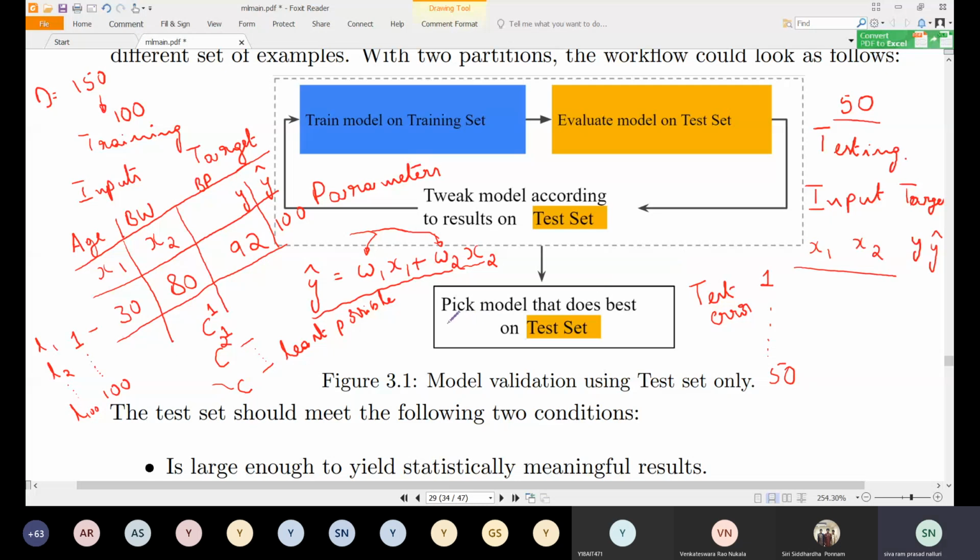So can you see this comment in the box? Pick model that does best on test set. Okay, I would like to quote a familiar example in this case. Let us consider students as a learning model.